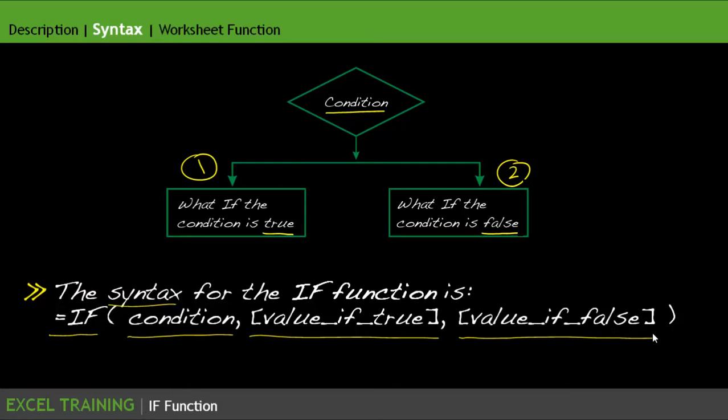It is very important to learn this syntax before using the IF function, so let us commit this to memory. Let me repeat again. The syntax is equals IF, in the brackets, first the condition, comma, value if true, comma, value if false.